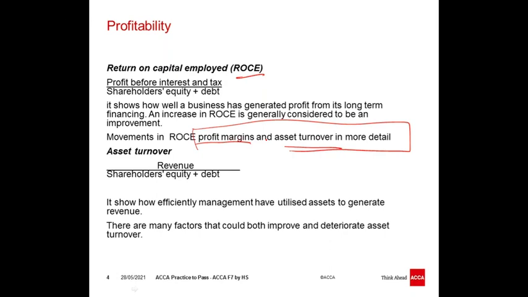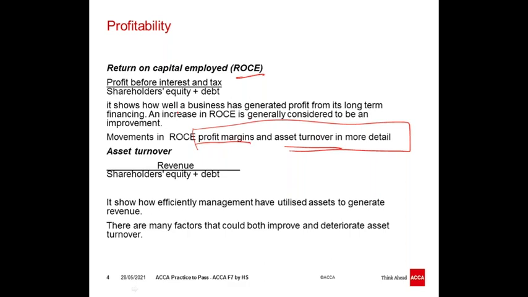So if the ROCE has improved over the year, 1 or 2 is responsible for this movement. It might be the profit margin or it might be the asset turnover ratio. These 2 or any one is responsible for the increase or decrease in the ROCE.